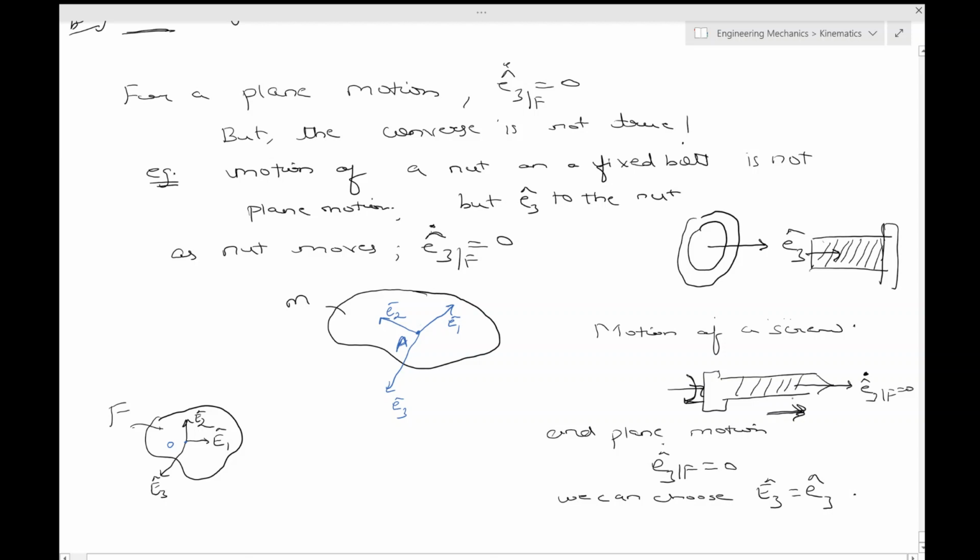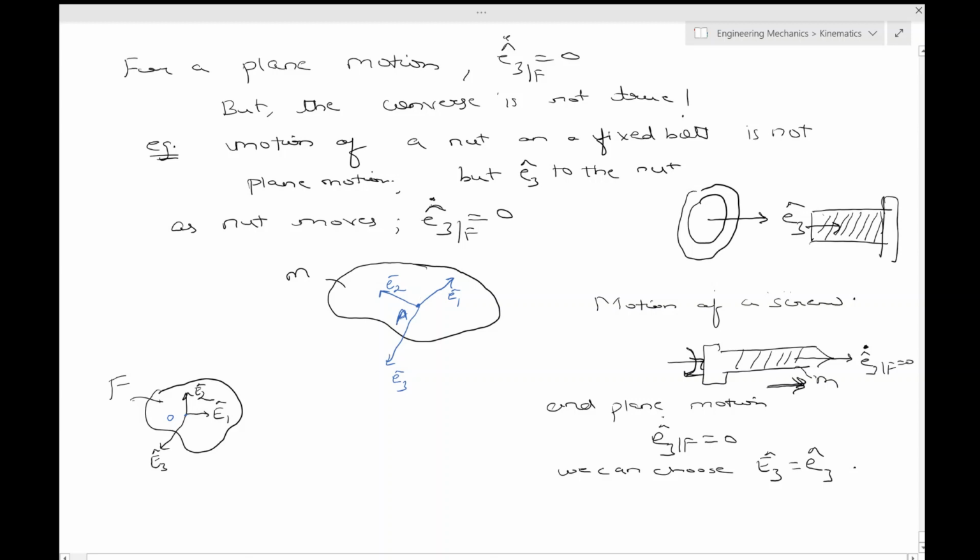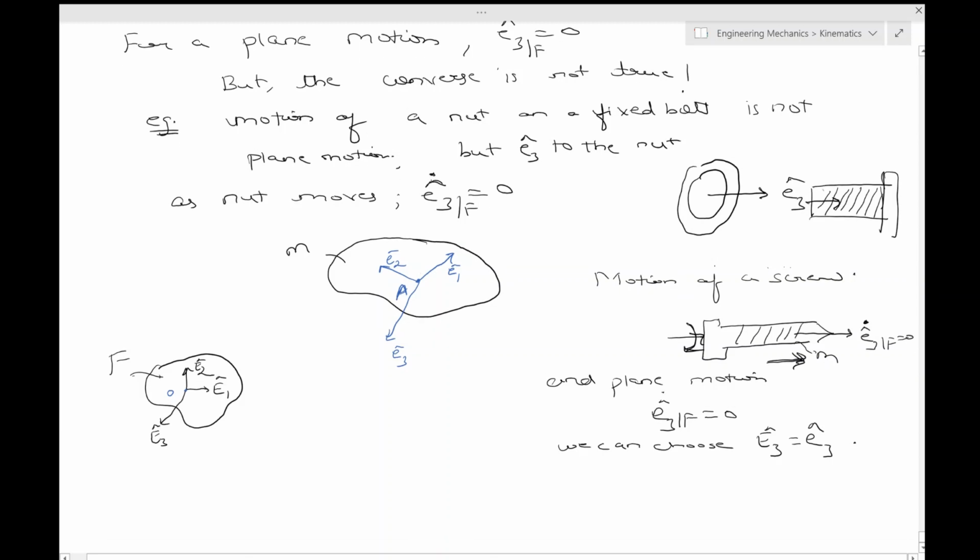This is clearly the M frame, since we are discussing the angular velocity of M, and we can choose it this way just because it's not changing with time, and that we have shown in this diagram. Now once small E3 is chosen along the big E3, there are some conclusions which you can make.